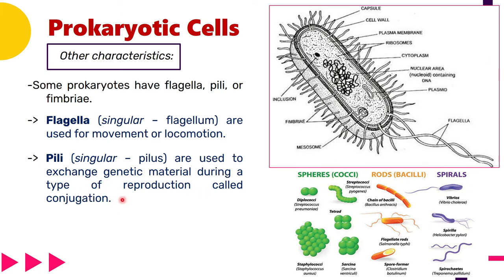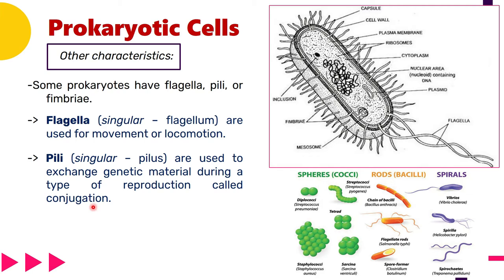So bacteria have this type of reproduction called conjugation, in which two bacterial organisms attach to each other. To attach to each other, they use this structure called the pili. Okay? If you're curious about conjugation, you can search for it on Google Images so you can see what conjugation looks like.